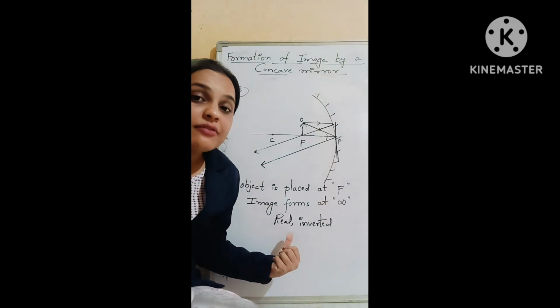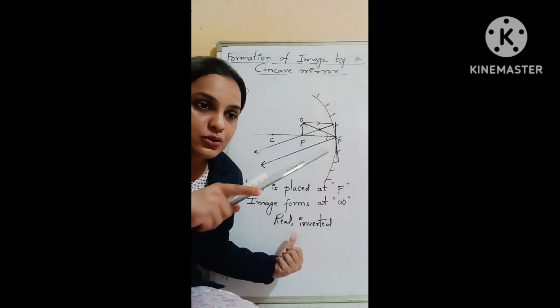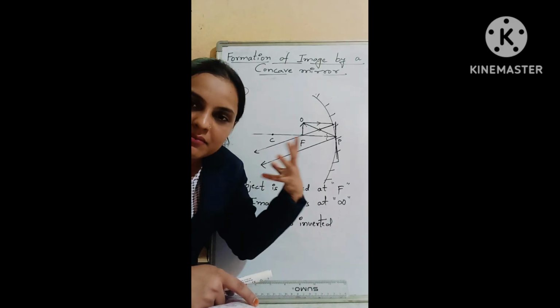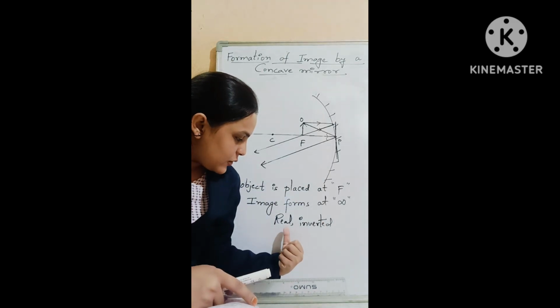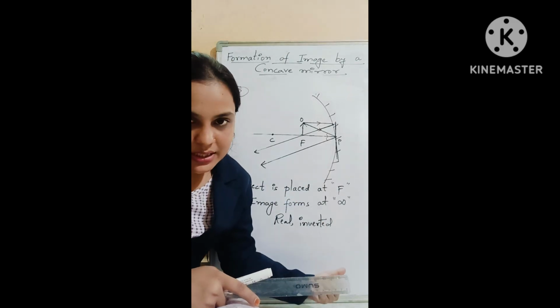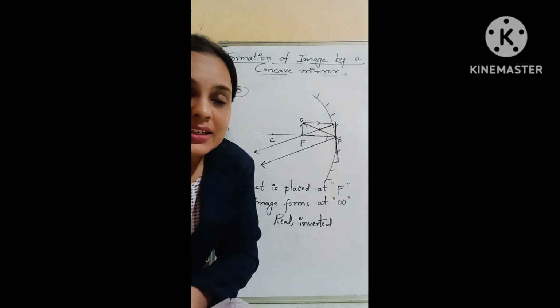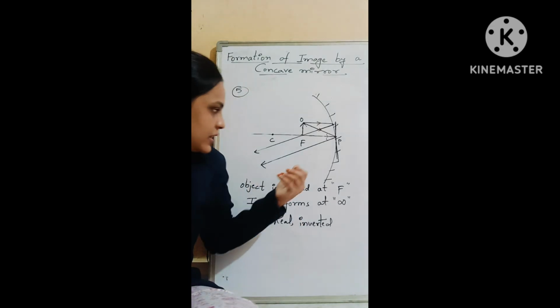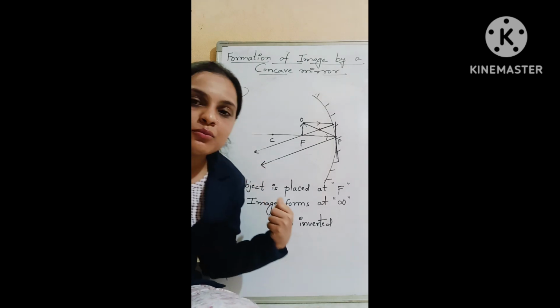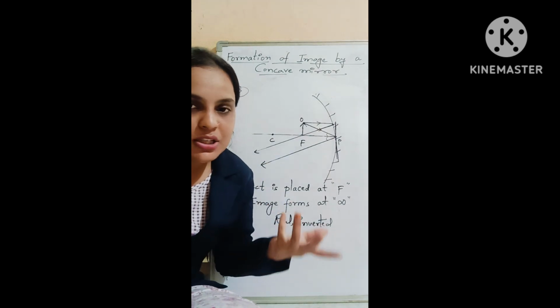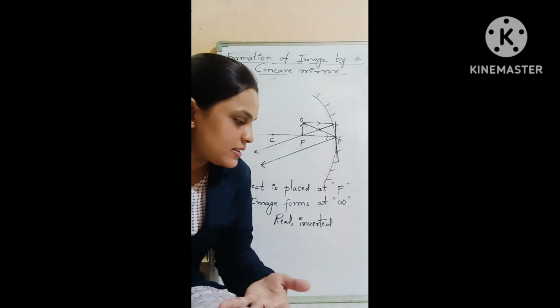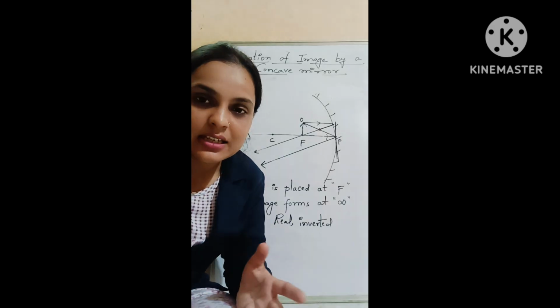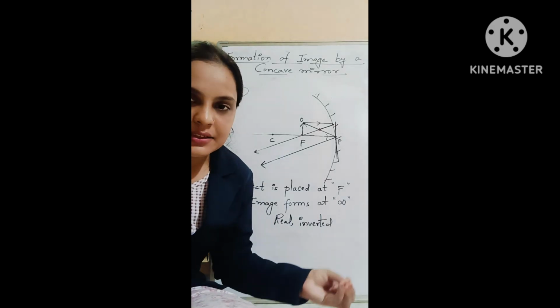So if we consider that those two rays meet at some infinite distance, we get a real and inverted image. As for the characteristics, if the rays meet at infinite distance, the image will be enlarged, but we cannot write it. According to the state syllabus, we should not write the characteristics.